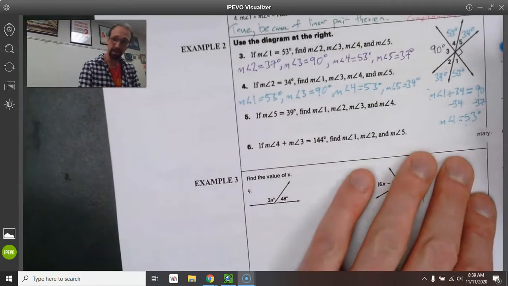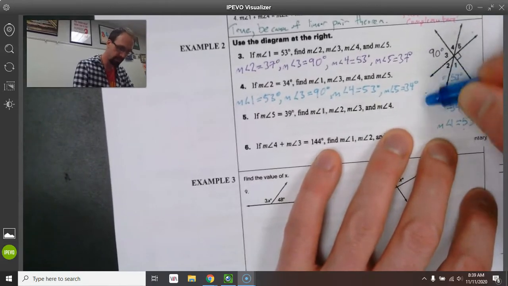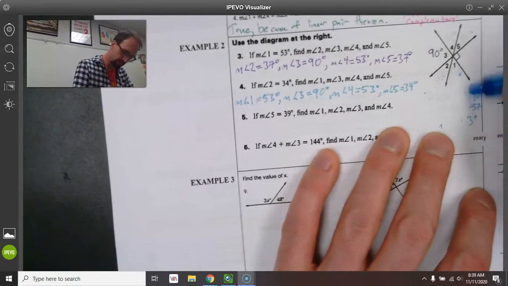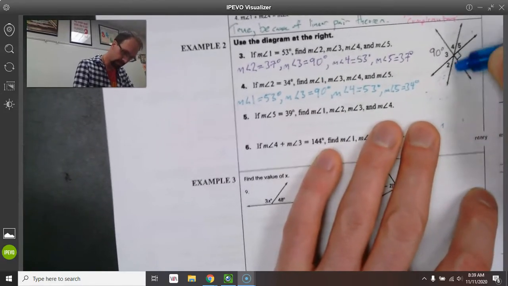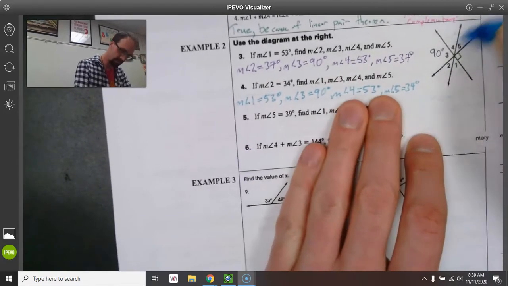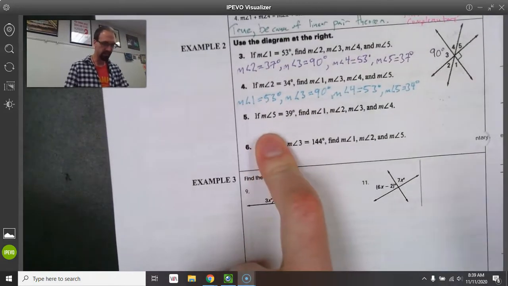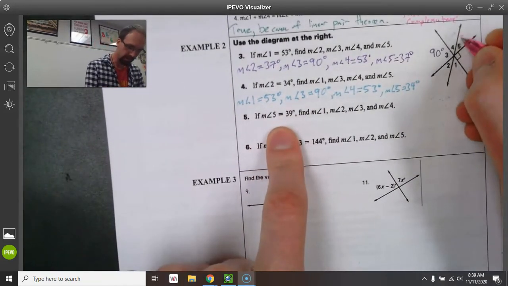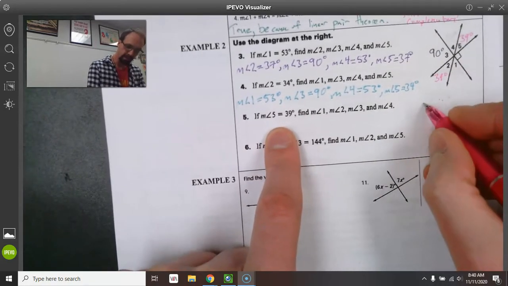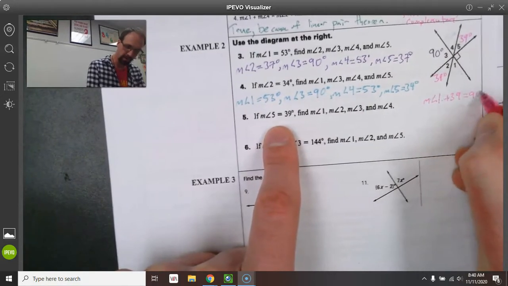Now, again, erasing, but I can do number 5. So for number 5, we have this one is 39 degrees. That means 2 is also 39 degrees. That means the measure of angle 1 plus 39 is equal to 90.